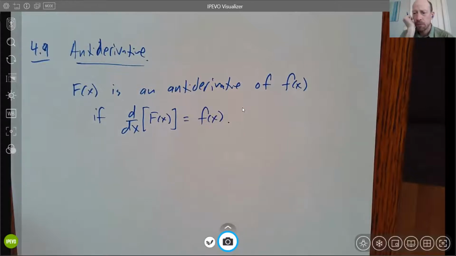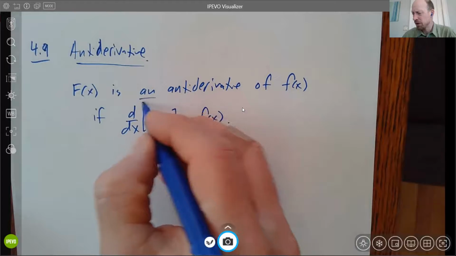So we define the antiderivative in terms of the derivative, right? We just say it is the antiderivative if when you take the derivative of it, you get back what you started, right? So if I'm imagining little f as my basic function, the antiderivative is above it, and if I take the derivative of that, I should get right back to f, right? They should sort of undo each other.